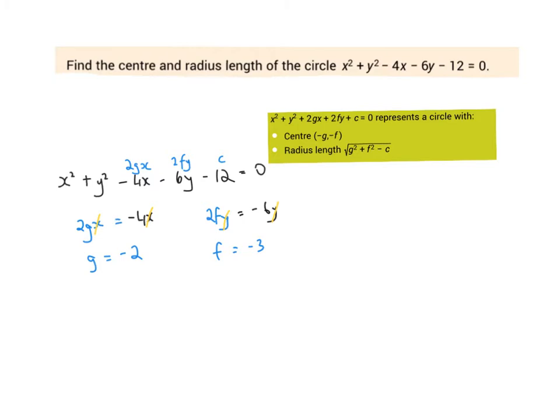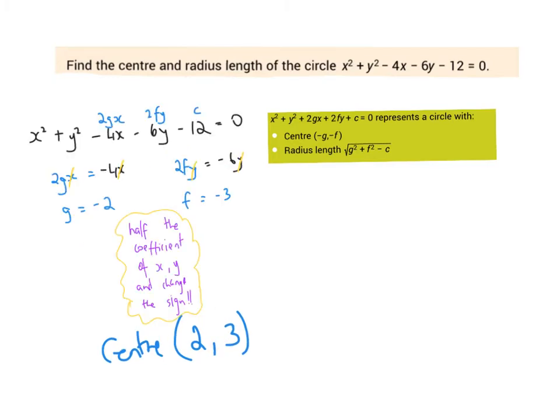So our centre is, well, minus minus 2, which is 2, and minus minus 3, which is 3. So basically the very quick version of what I've done here: halve the coefficient of x and change its sign, halve the coefficient of y and change its sign. Okay, so make sure and let's get that written down.